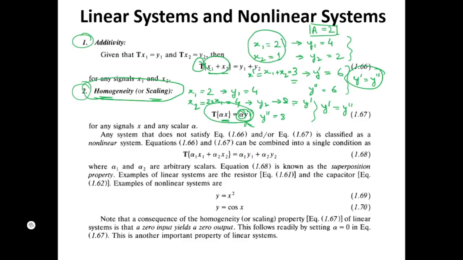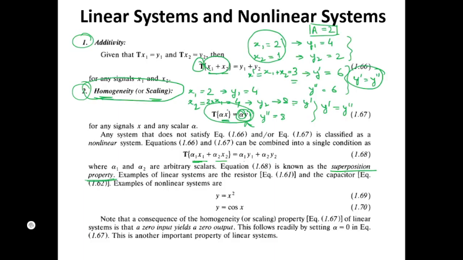Okay. Next comes, when we combine these two, we get the superposition property. What it says, if you see, the input is being first multiplied, in both the cases, alpha 1 x1 plus alpha 2 x2, which is equal to alpha 1 y1 plus alpha 2 y2.